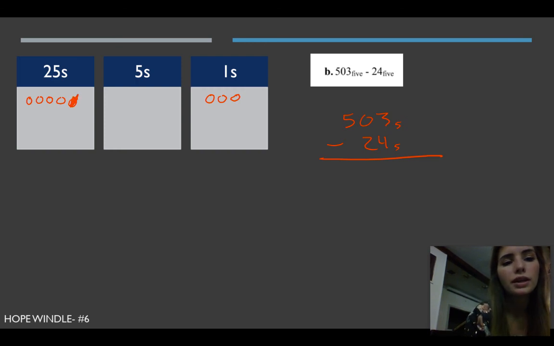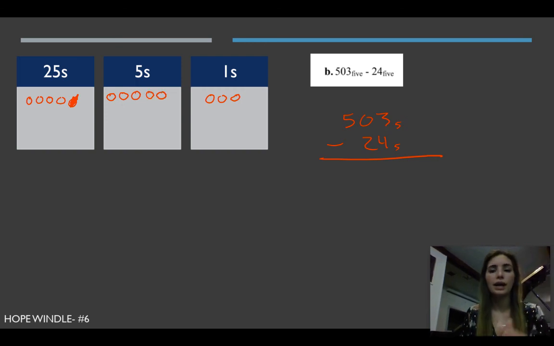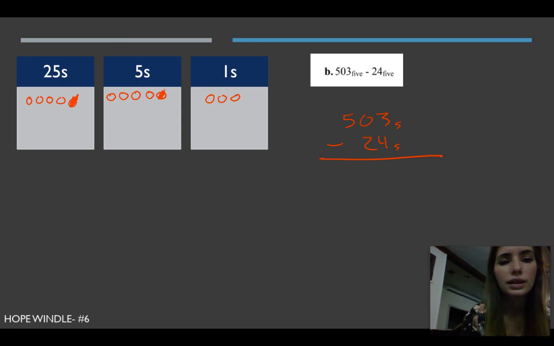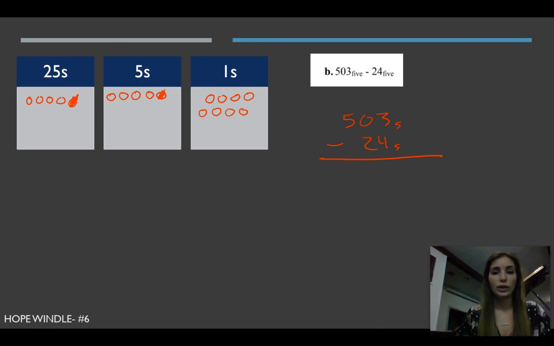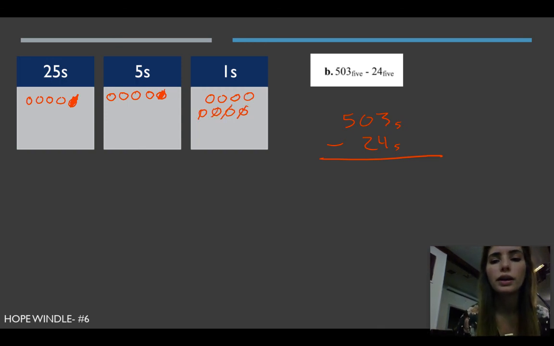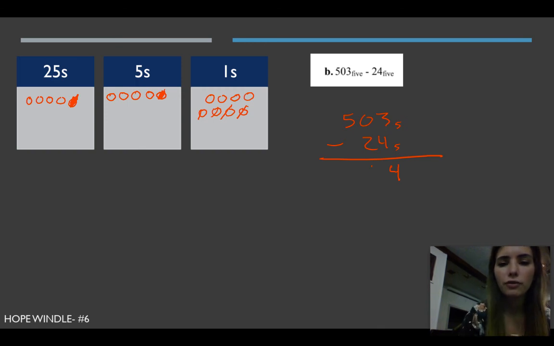So let's take away this 5, and it's going to give us 25. It's going to give us 5 5s. And now we can borrow one of these 5s, and it's going to give us 5 1s. We can definitely take away 4 from this. So we're going to take away 4. That's going to leave us with 4 1s. Now we have 4 5s, and we have 4 25s.